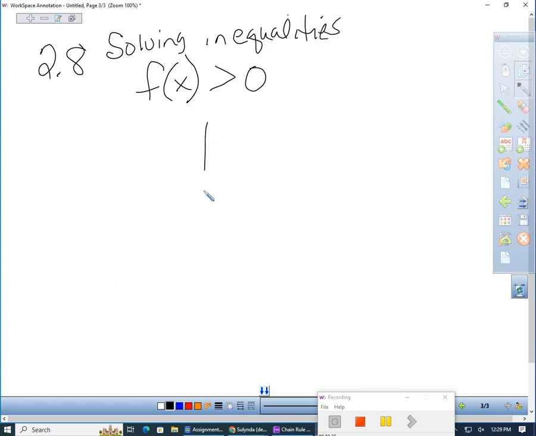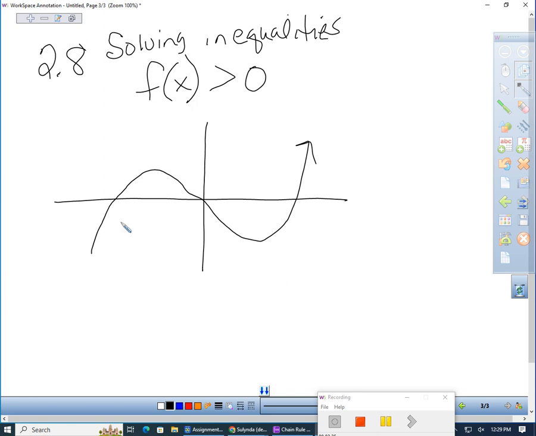So if I have a graph, and my graph does something like this, right? And let's call this, I don't know, negative 4 and positive 4. We want the sections where it is greater than 0, right? So that's where our graph is in positive land.